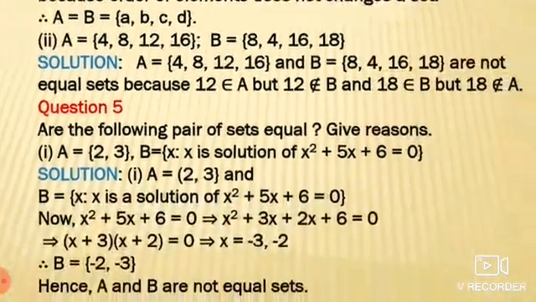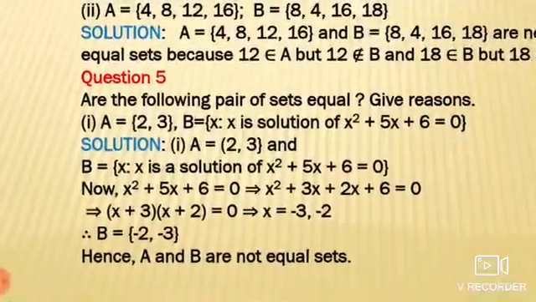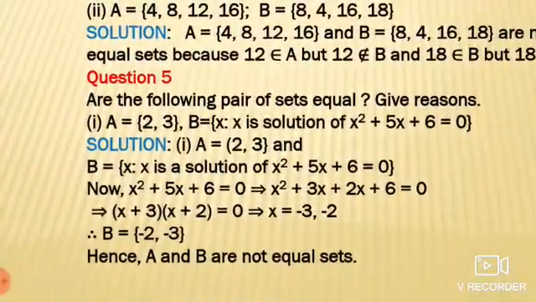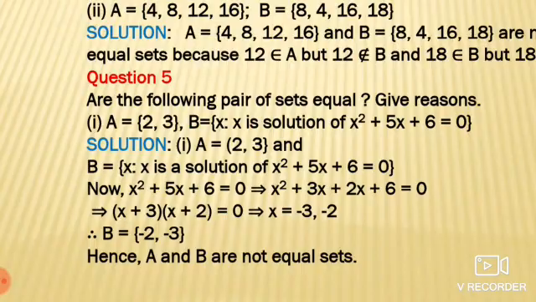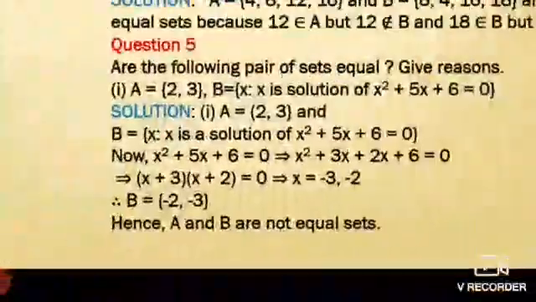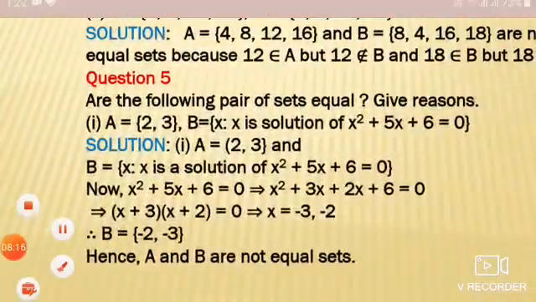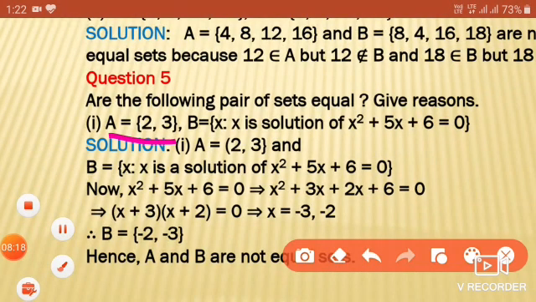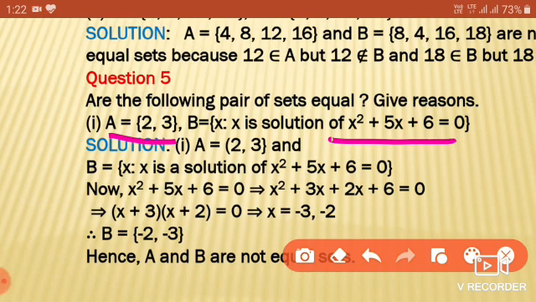Next, are the following pairs equal sets? You have to give the reason whether they are equal or not. Now, here A equal to {2, 3} and B is equal to {x : x is a solution of x square plus 5x plus 6 equal to 0}. In set A, they have given you the elements 2, 3, but set B is given in the form of a quadratic equation.